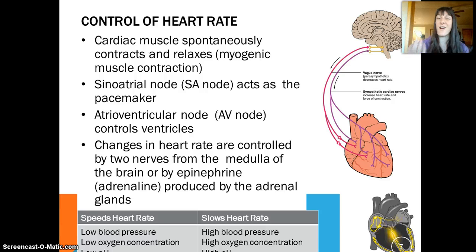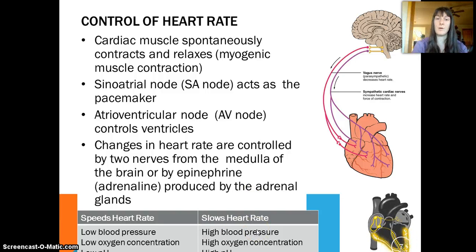If we had a lot of carbon dioxide in our blood, it starts to dissolve in water and it creates carbonic acid. And so a low pH in our body is an indication that we need to speed heart rate so we can get rid of that extra carbon dioxide. The opposite is true. If there's high blood pressure, high oxygen concentration, or higher pH, that is going to slow our heart rate.